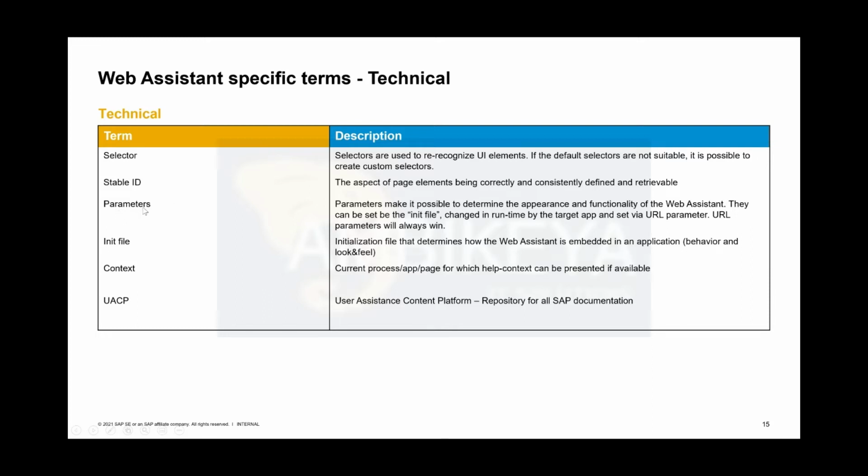The famous parameters are our major topic for today. The parameters are just configuration parameters, which are sent to Web Assistant by the famous initialization file. Okay. So this is the initialization set of parameters, like what's my background color, how is my behavior if there is no content available, and will I allow authentication via SAML, for instance? That's all noted here. And those parameters are initially sent to the Web Assistant framework to make the Web Assistant framework know how it should behave in that particular scenario.